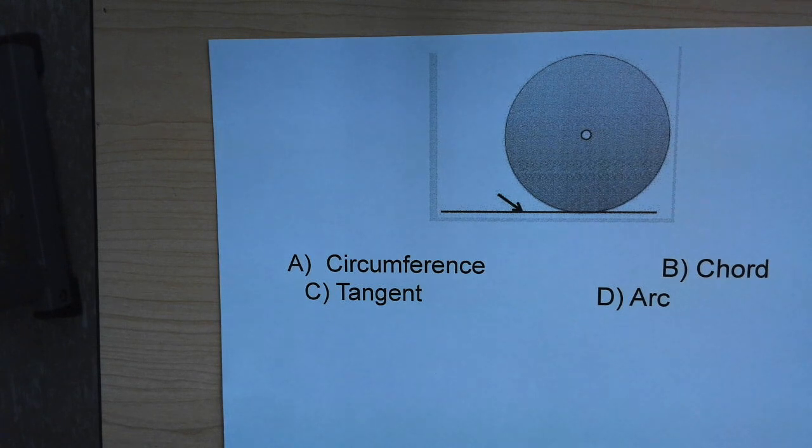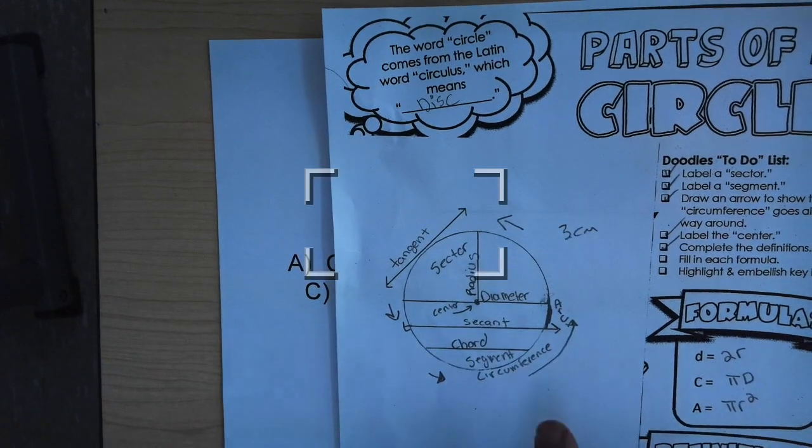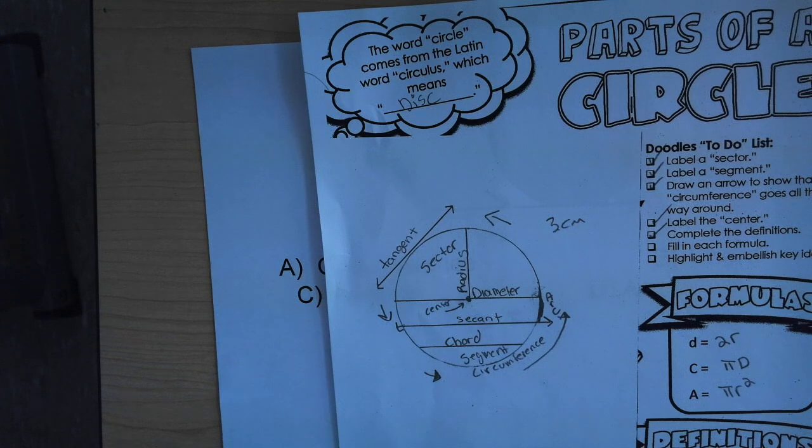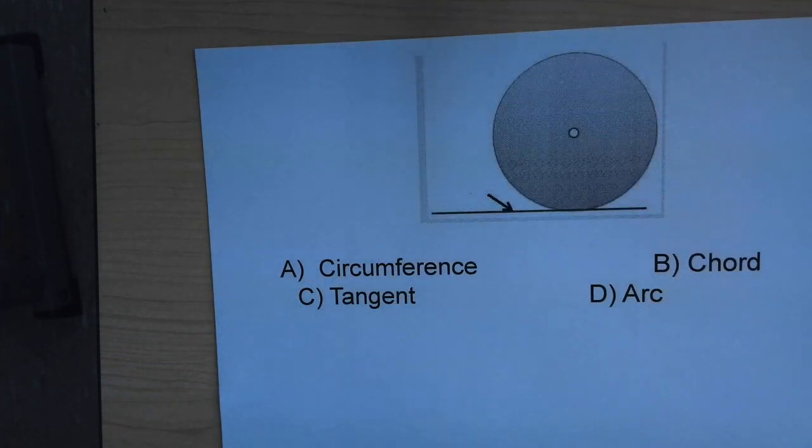Following A, B, C, or D. Let's go through each one here. So a circumference is the distance around the circle. So it can't be a circumference because it's not going around the circle.